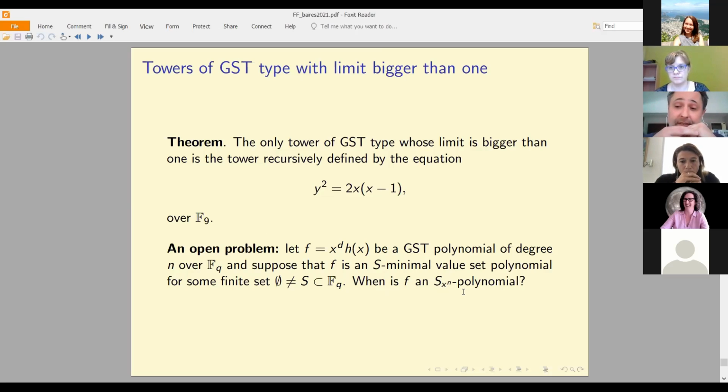This opposite direction is very interesting, and it would give a lot more examples of asymptotically good towers. They are maybe not good for studying asymptotic problems in coding theory, but they can be good for studying other problems in cryptography or coding theory. Well, that's all I wanted to say.